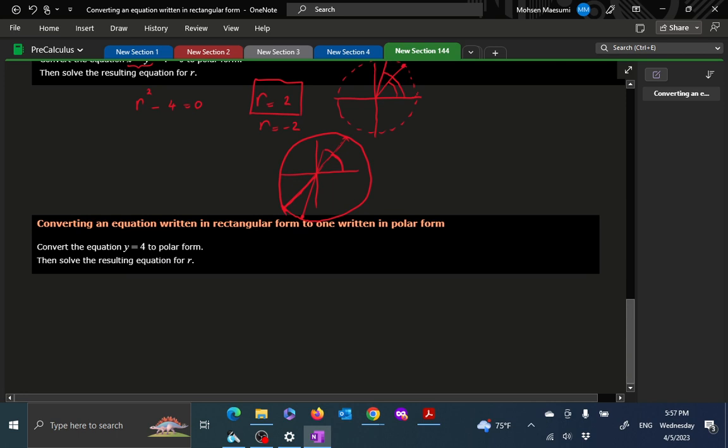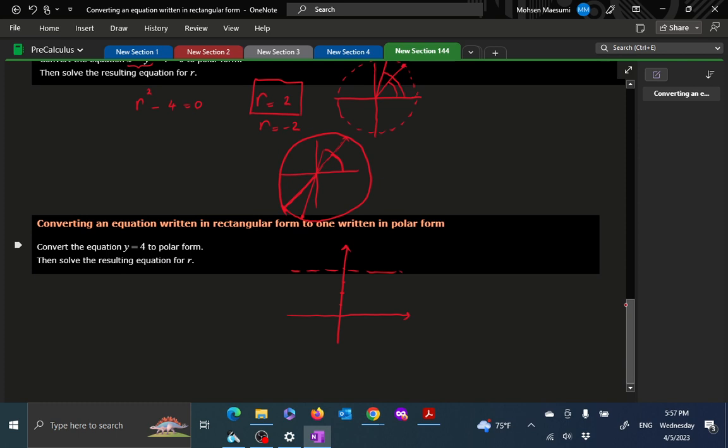How about the equation y is equal to 4? Y is equal to 4. What does that look like? Well, this is from your probably first algebra class. y equal to 4, you say that is a horizontal line. Can I convert it to polar? Well, we know that y is equal to r sine theta.